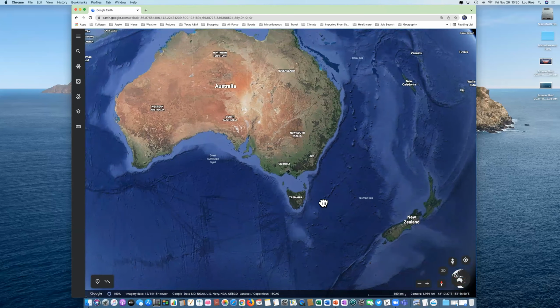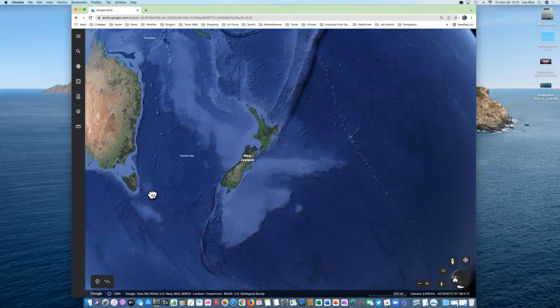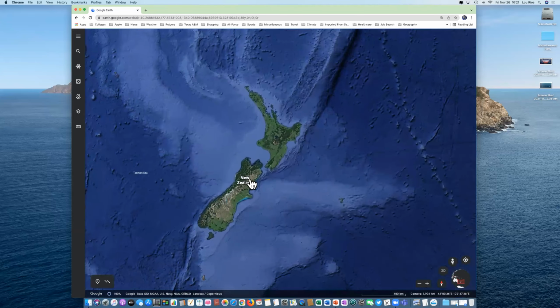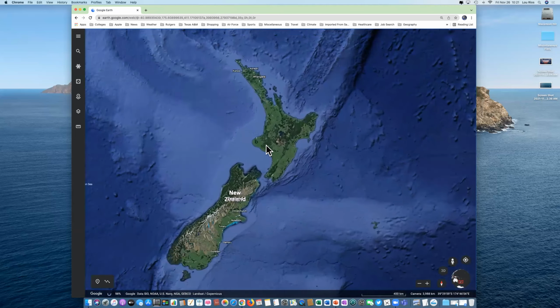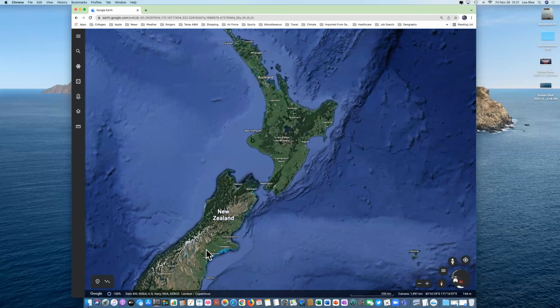Once you leave Australia, you get into New Zealand. New Zealand is basically two islands created by the convergence of two tectonic plates. So this region is volcanically active. It's also seismically active, obviously.